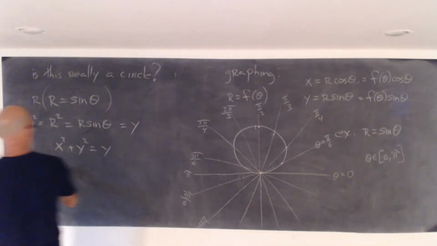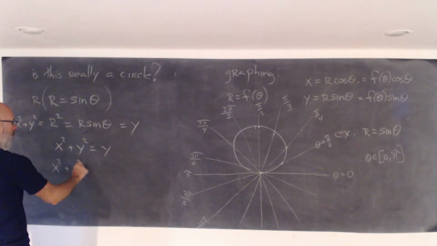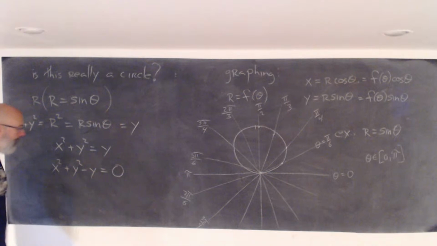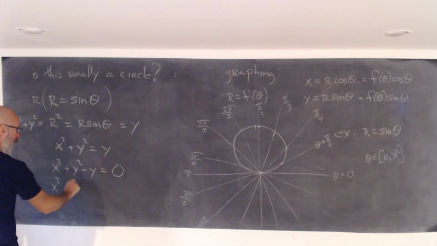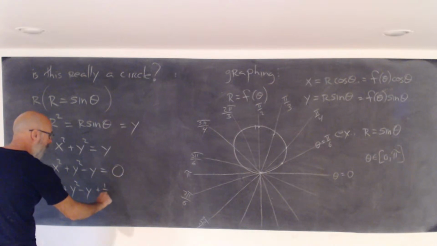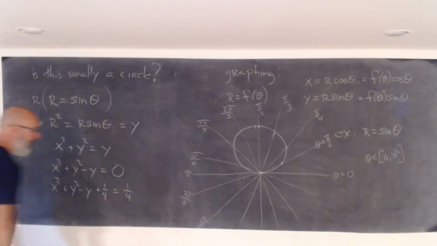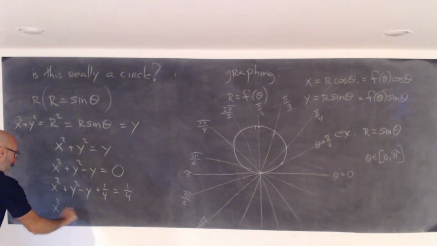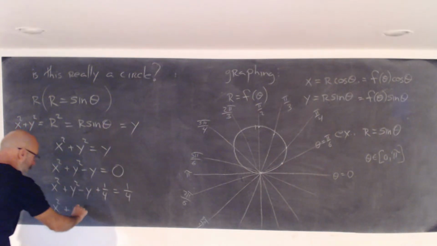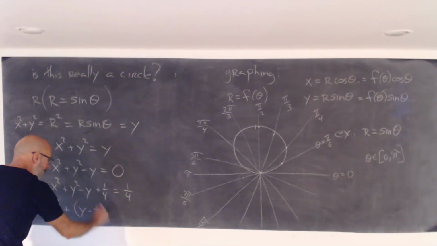Let's bring the y to the other side. Still doesn't really do it, but let's complete the square. Let's add 1/4 to each side. If you add 1/4 to each side, now you see that this is really y minus 1/2 all squared.